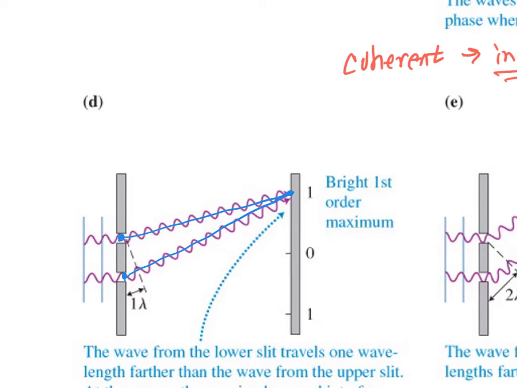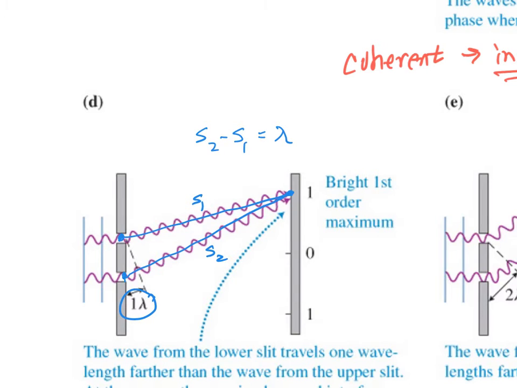Let's call this one S1 and this one S2. S2 is longer. What if the difference between the two distances is exactly equal to a wavelength? Again, the difference between the distances that those two waves travel is exactly equal to one wavelength.